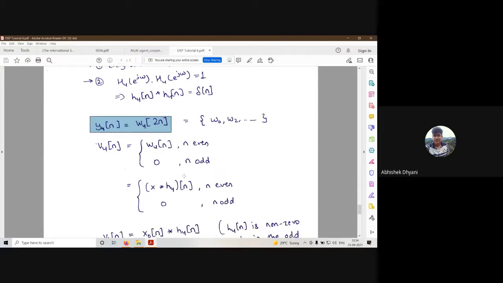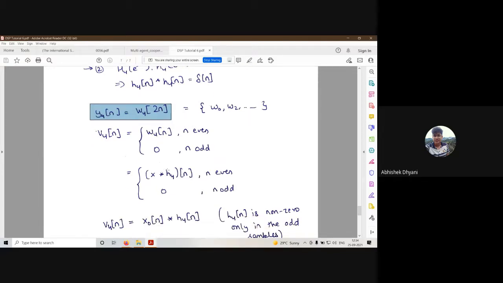And because I know that the signal h of n only existed at the odd values, it means that when I take this convolution, I will get nothing but x odd n, which was the odd values of xn, because h of n is only non-zero at the odd values.